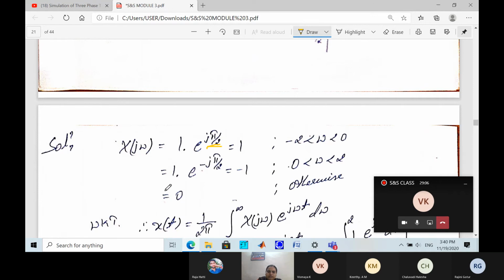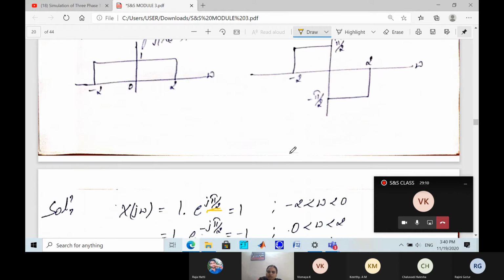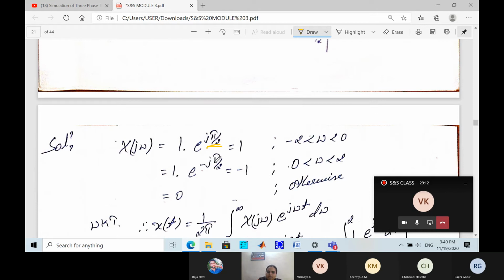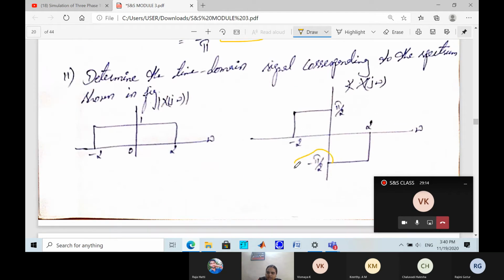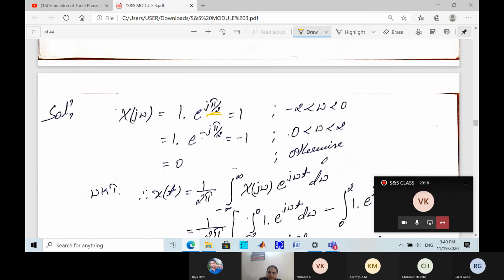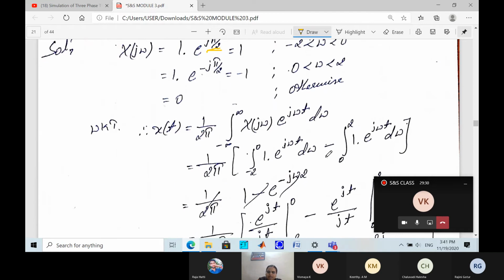Then between 0 to 2, it will be minus j pi by 2, which equals minus 1, and it will be 0 for the other cases.